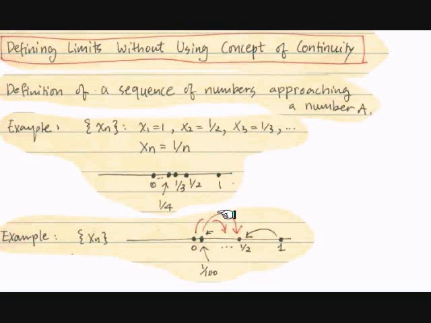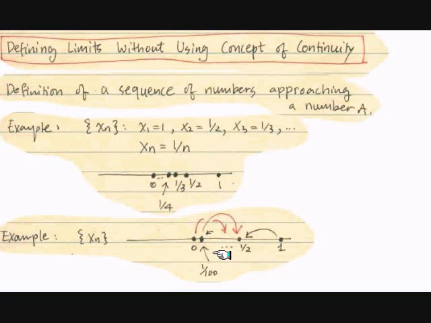Not just the so-called monotone approach, either just continuously decreasing or continuously increasing, but we'd like to include this type of complicated behavior. If it's eventually getting closer and closer to 0, we'd like to include that as a sequence that is approaching some number as well.